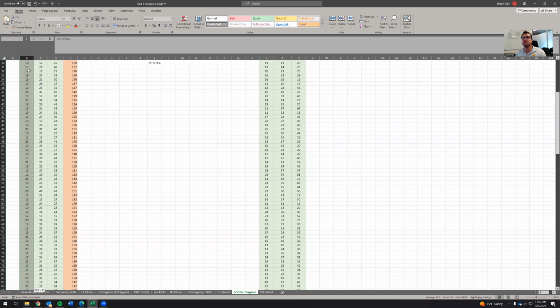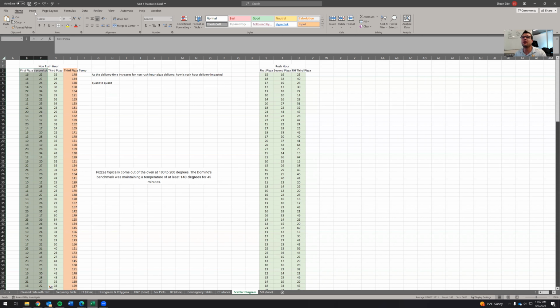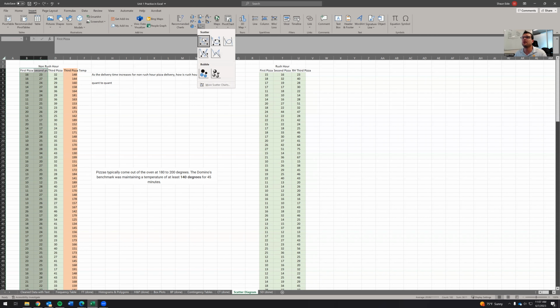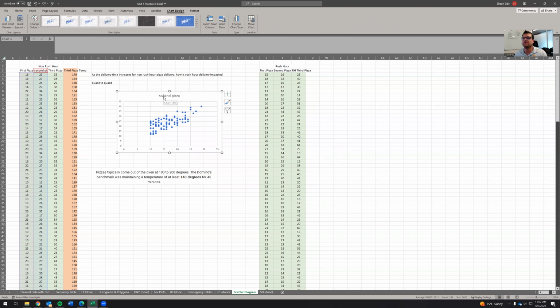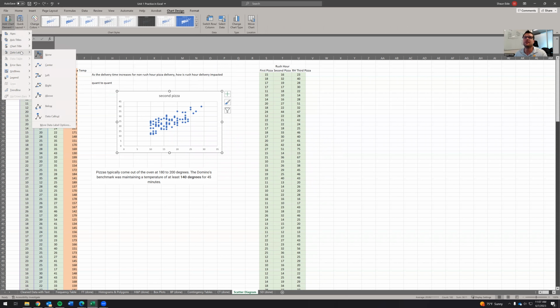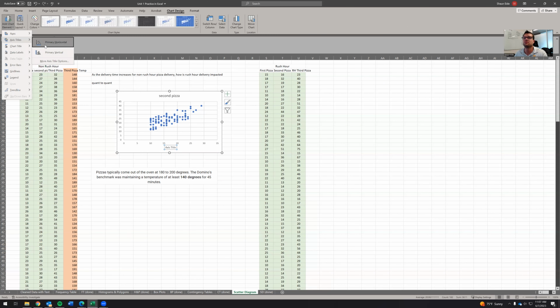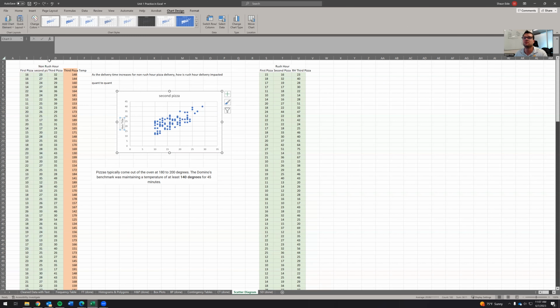Okay, so I'm going to highlight these and I'm going to do insert, and I'm going to do a scatter diagram. Okay, so I've got this fun little scatter diagram, and I'm going to add chart element, data labels. Let's see here. What do I want? We want this to be first pizza.